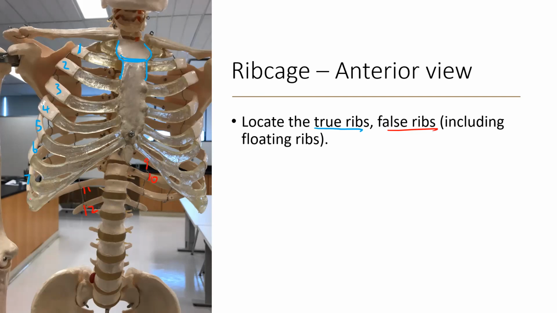And 8, you can see a faint bit here from this angle. Those don't have their own costal cartilage, so the costal cartilage of number 8 will merge with the costal cartilage of number 7 before going to the sternum. So 11 and 12 are floating ribs, with no costal cartilage.